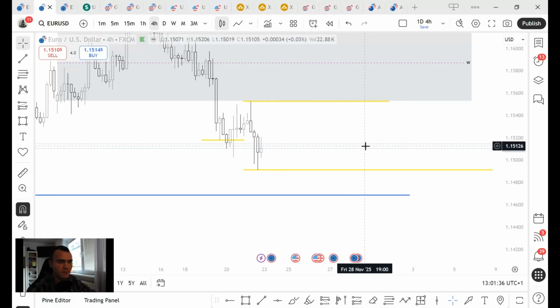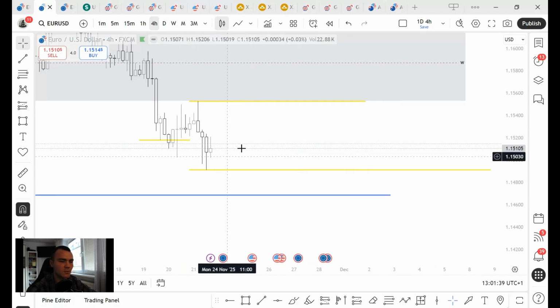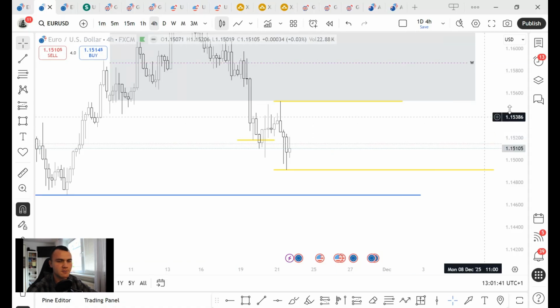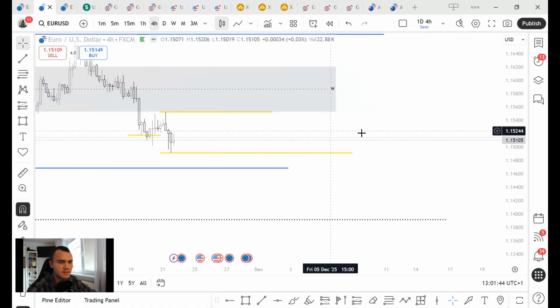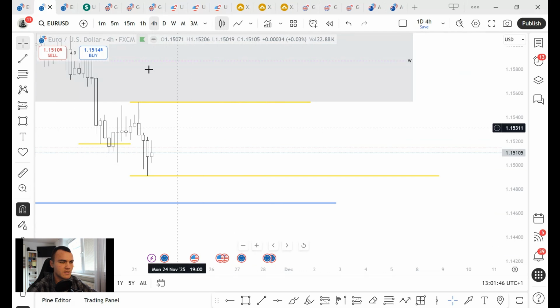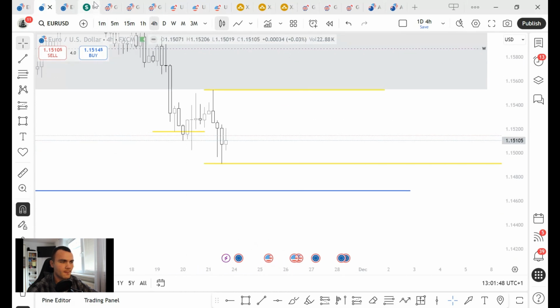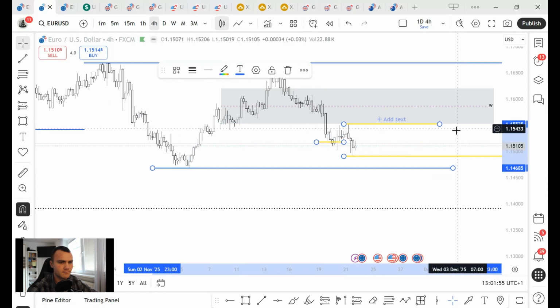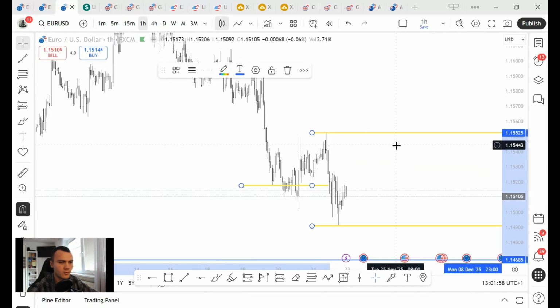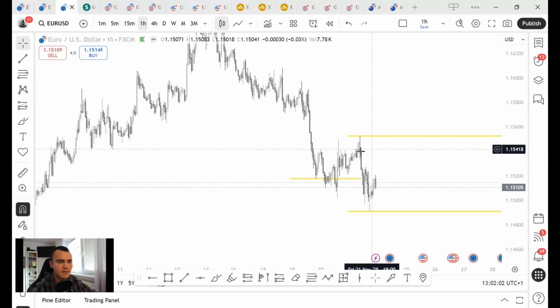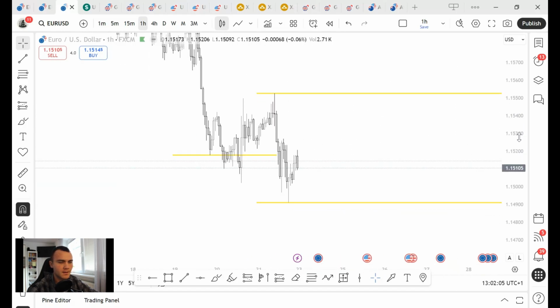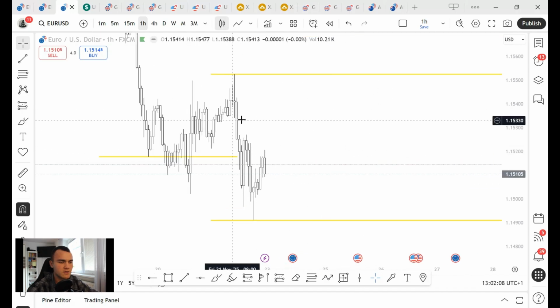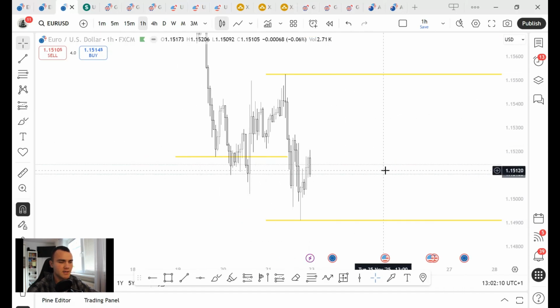Well, my plan, not for next week, but for this range, is to see if the range will remain bearish or will change.